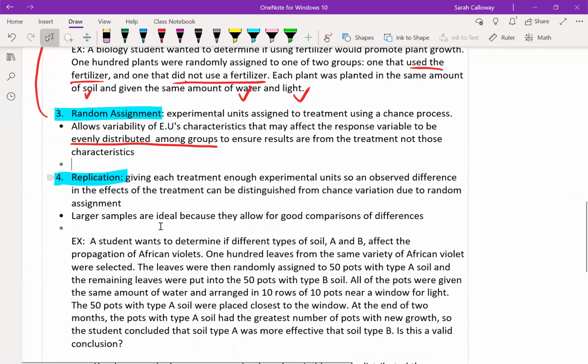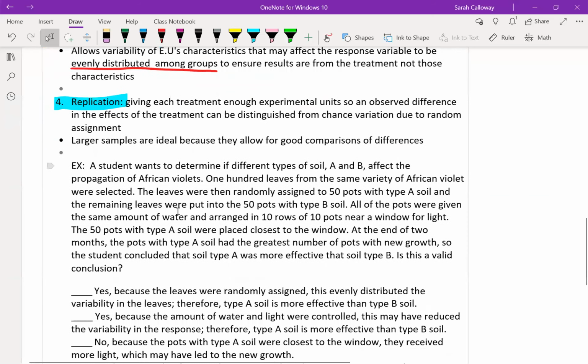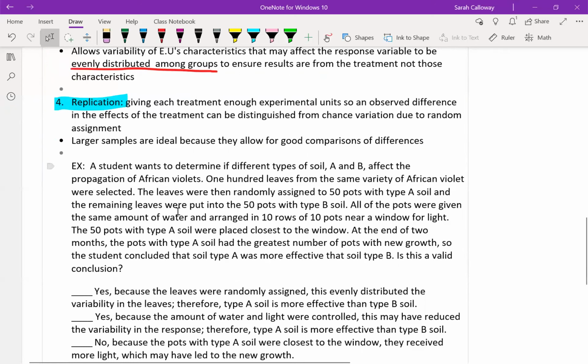The final component is replication. So replication is giving each treatment enough experimental units so an observed difference in the effects of the treatment can be distinguished from the chance variation due to random assignment. So again, this is related back to the random assignment. So the more samples that I have, the larger sample that I have, the better I can compare the differences.